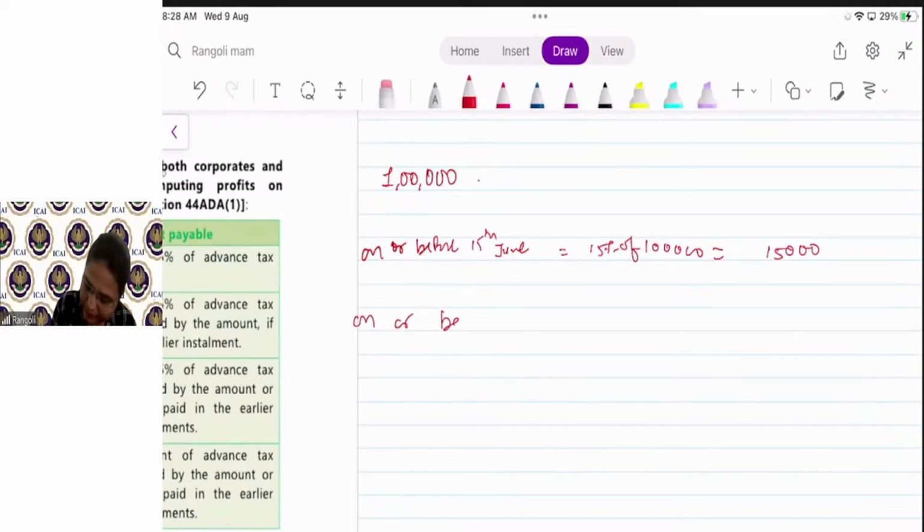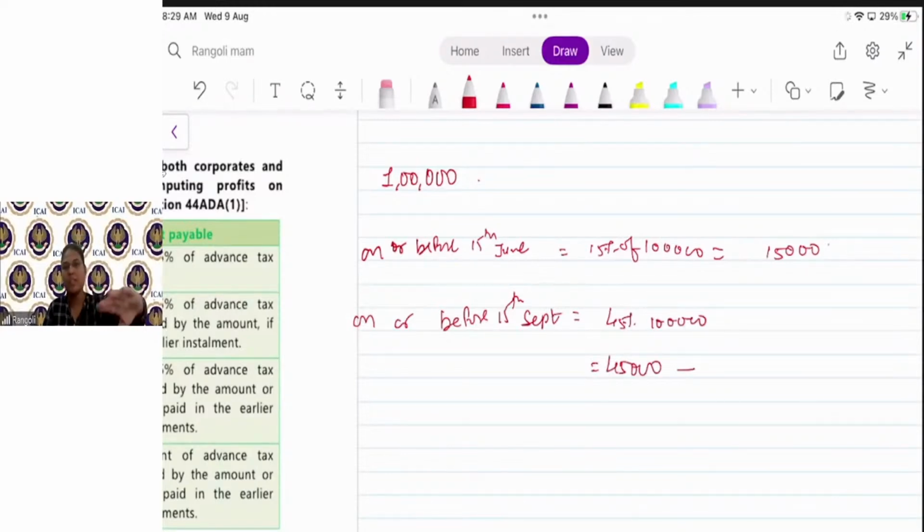On or before 15th September, 45% of tax liability. What is 45% of tax liability? 45% of 1 lakh comes to 45,000, minus already paid. Up to 15 September, I need to deposit a total of 45% of my tax liability to the government, right?